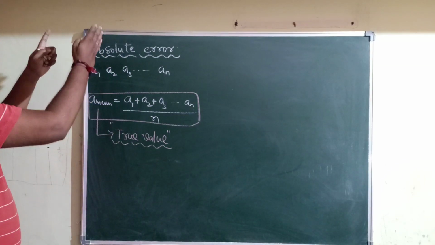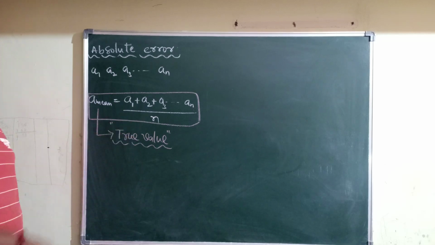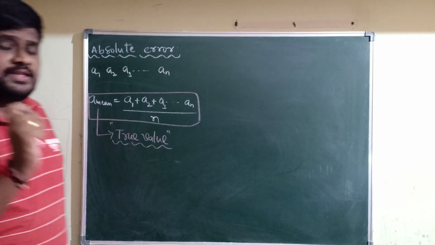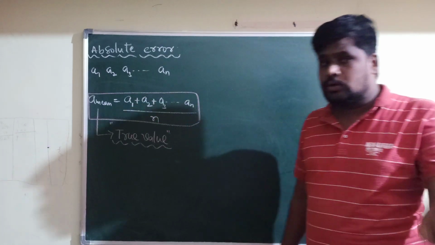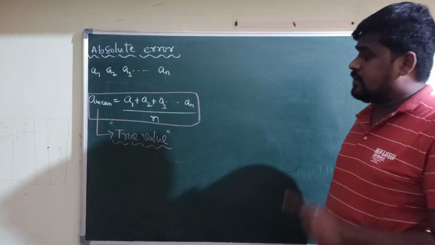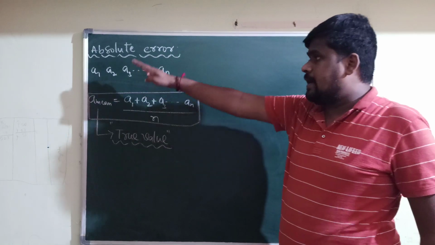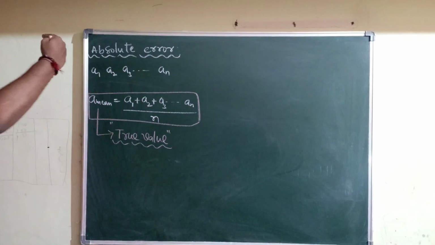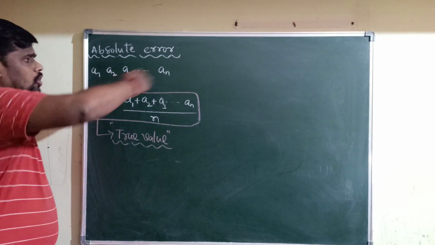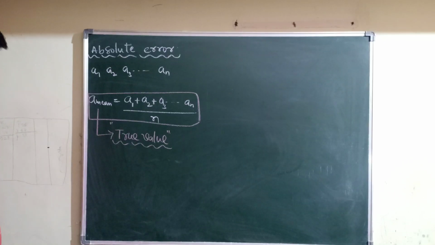Then what is absolute error in the measurement? It is the difference between true value and observed value. Let me go on to calculate the absolute error in all the observations. How are we calculating the absolute error?